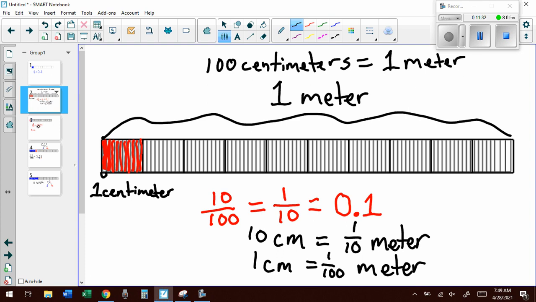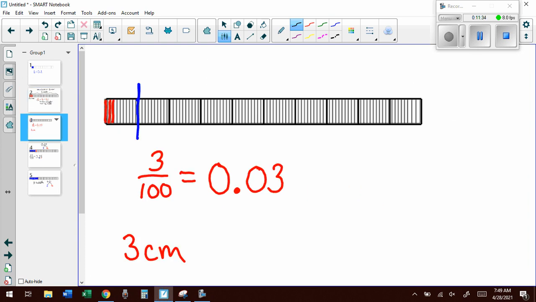We can then begin to understand that when you are posed with, here we have 3 centimeters, so that is 3/100ths of a meter. We don't have any tenths yet, so we need to represent that there are 0 tenths. We haven't shaded in that many yet, and there are only 3/100ths.